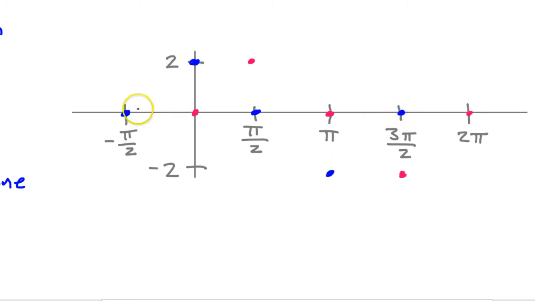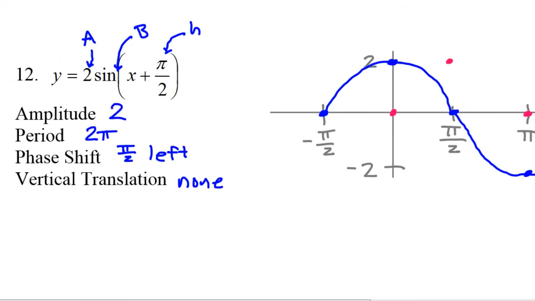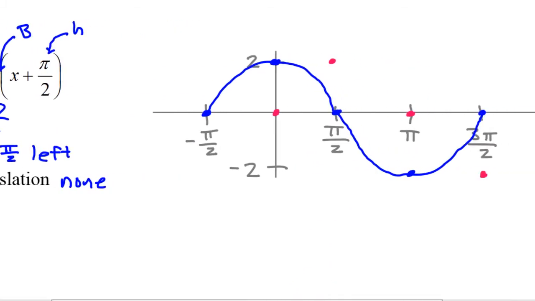Or you could look at each point one by one and imagine sliding it to the left one space. Alright, either way, this is what the final graph is going to look like. So that is it for problem number 12.